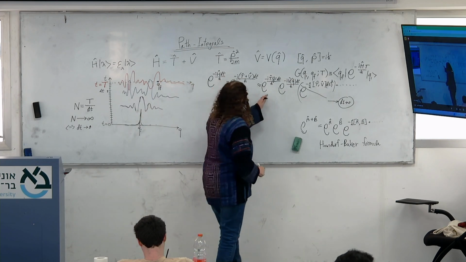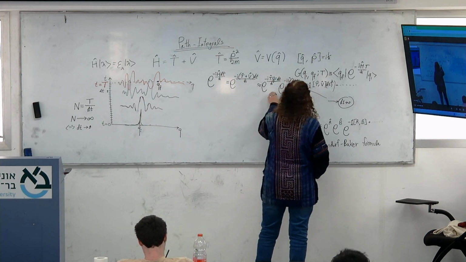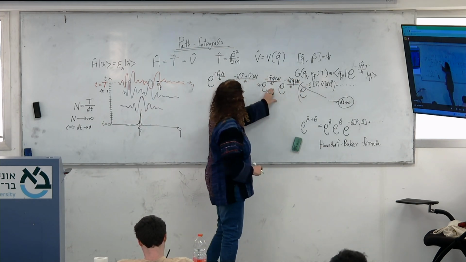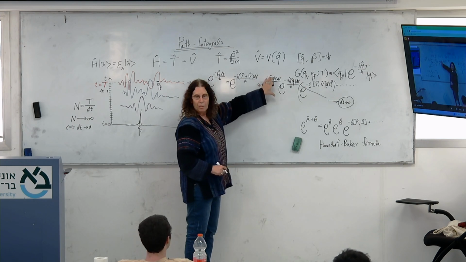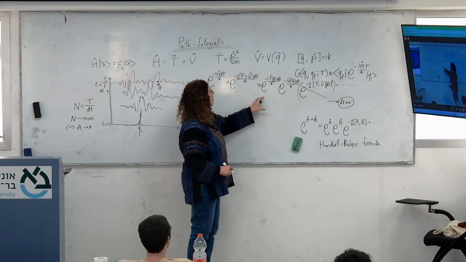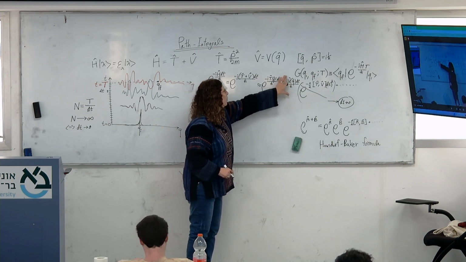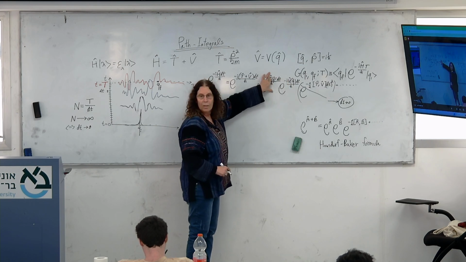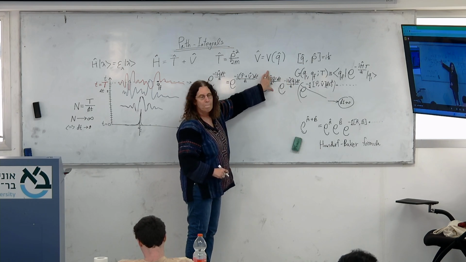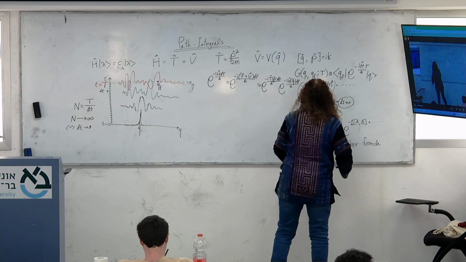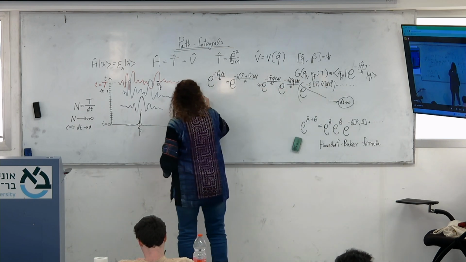So we are going to replace the time step by a product of two exponents. One only including potential energy, one only kinetic. Okay? Let us rewrite the propagator.